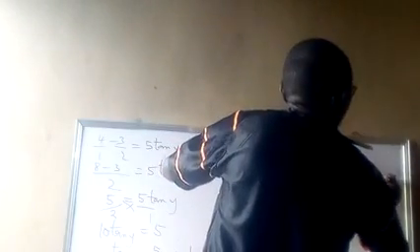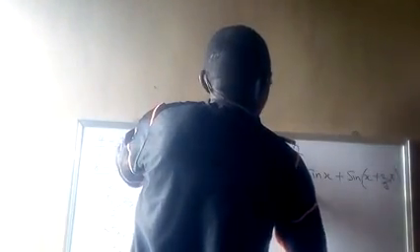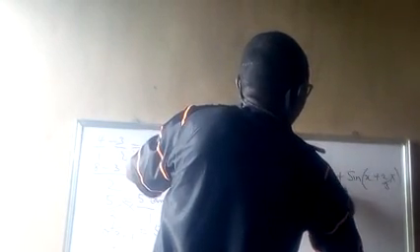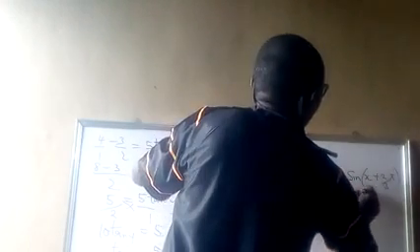Example 2. Show that sin(x + 2π/3) + sin(x + 4π/3) is equal to 0.